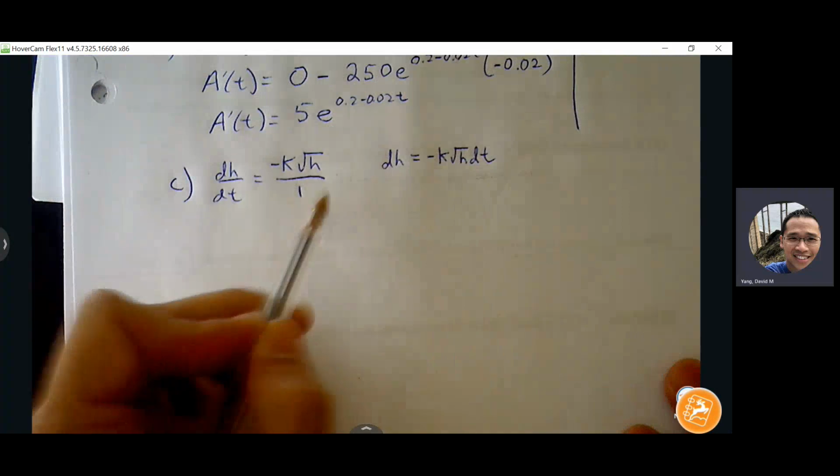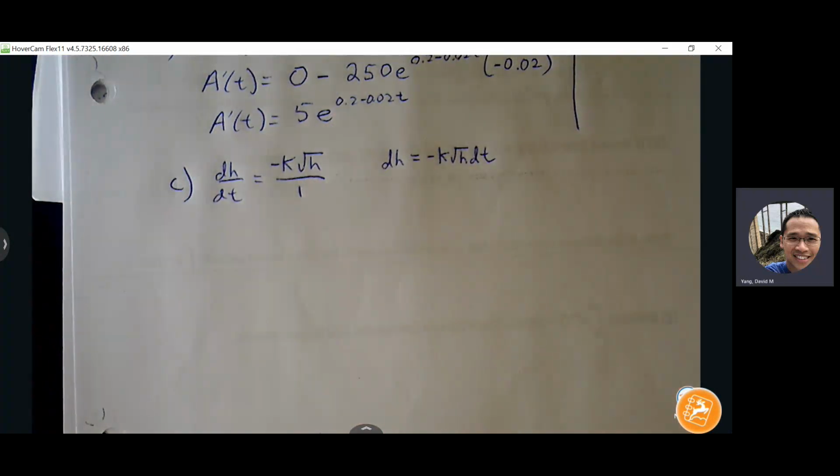So I cross multiply, dh times 1 is equal to negative k root h dt. What's out of place? What moves? Root h, yeah. Root h is removed. Anything else?